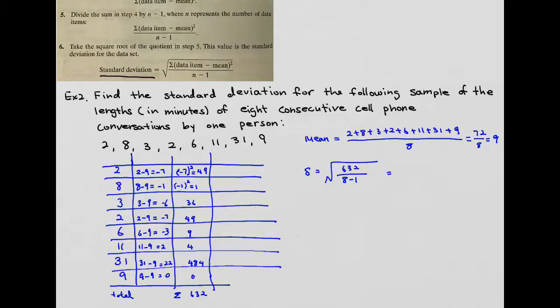This is the square root of 632 over 7, which is the square root of 90.2857. When you take the square root, it comes out close to 9.5019 minutes.